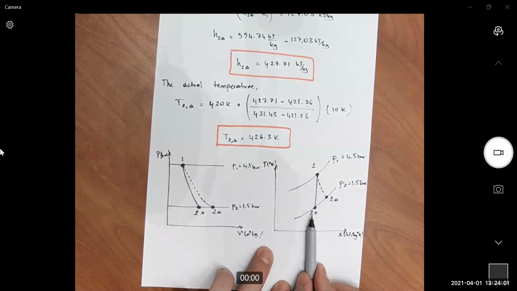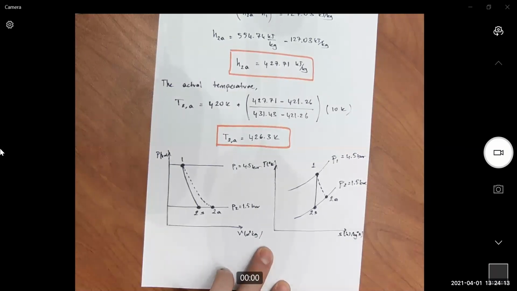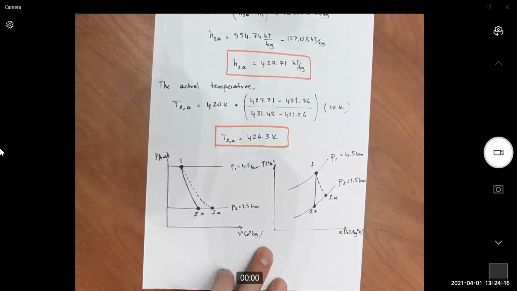Ideal is isentropic with delta S equal to 0, and because of adiabatic efficiency, I have delta S positive, and I have a higher temperature line. Okay? Any questions?